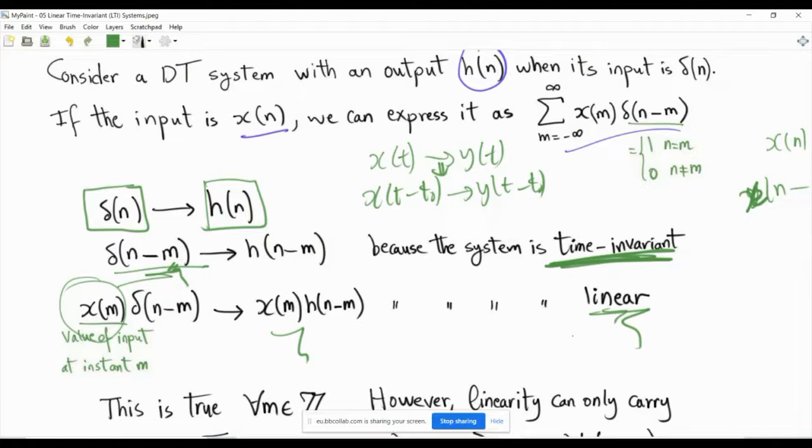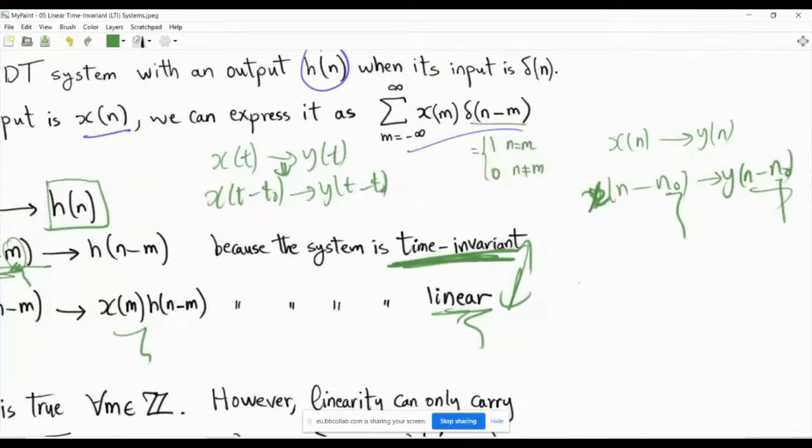So now we know that x of m, if you take this as a number, multiply by delta n minus m, you will get x of m, h of n minus m, again exploiting the LTI property of the system. And this is true for any shift m, which is some integer. So x of 0, delta n, will give x of 0, h of n.